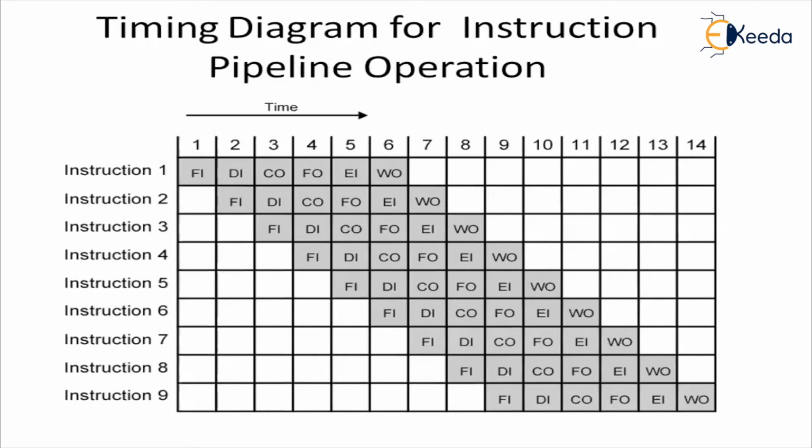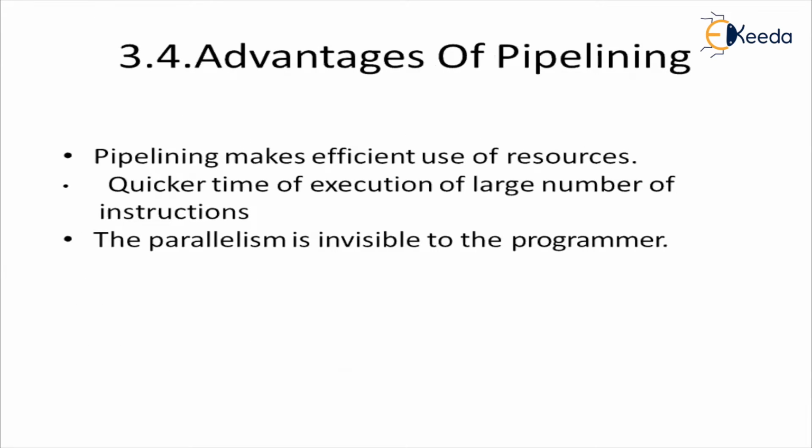Now, this is important because simultaneous execution of the instructions takes place, and all the instructions are being executed parallelly in the pipelining phase. Now, what are the advantages of pipelining? It makes efficient use of the resources. If the resources are not used, they are being left free.